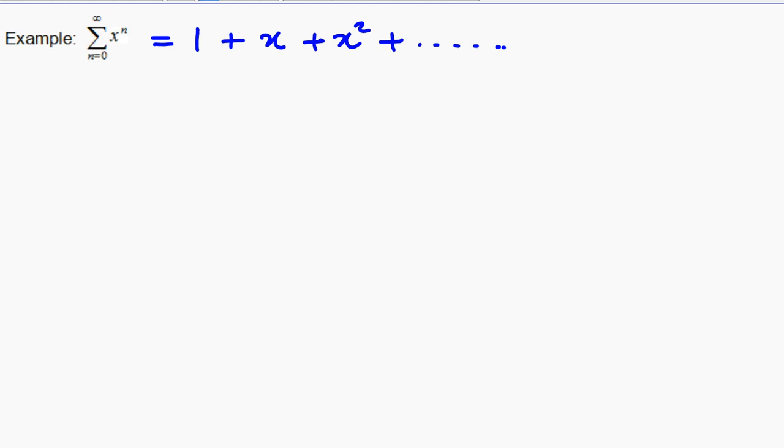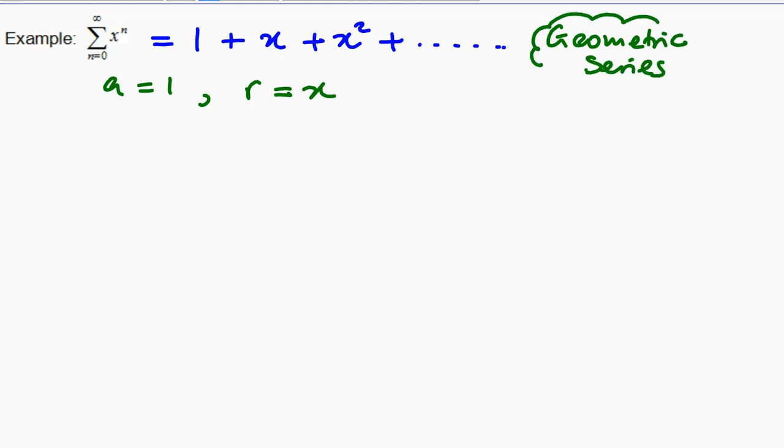Now, if you inspect this series, you can notice that the first term is 1. So a is 1. And the common ratio is x. It's actually a geometric series. All right? This is simply a geometric series where the first term is 1 and the common ratio is x.